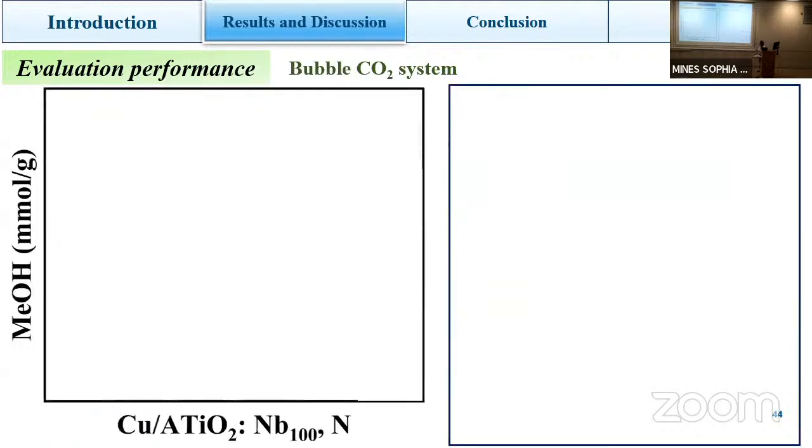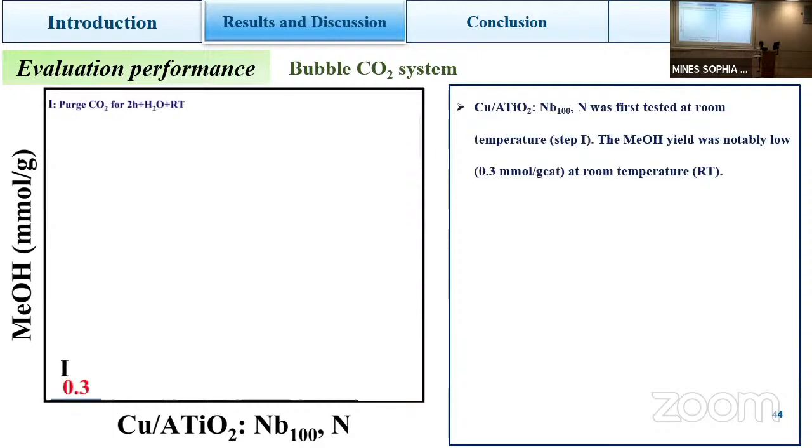Then we chose our best catalyst to compare sodium carbonate with a bubbled CO2 system. The first one we used was purging CO2 in water at room temperature. Here we got really low methanol production, way lower than our sodium carbonate system.